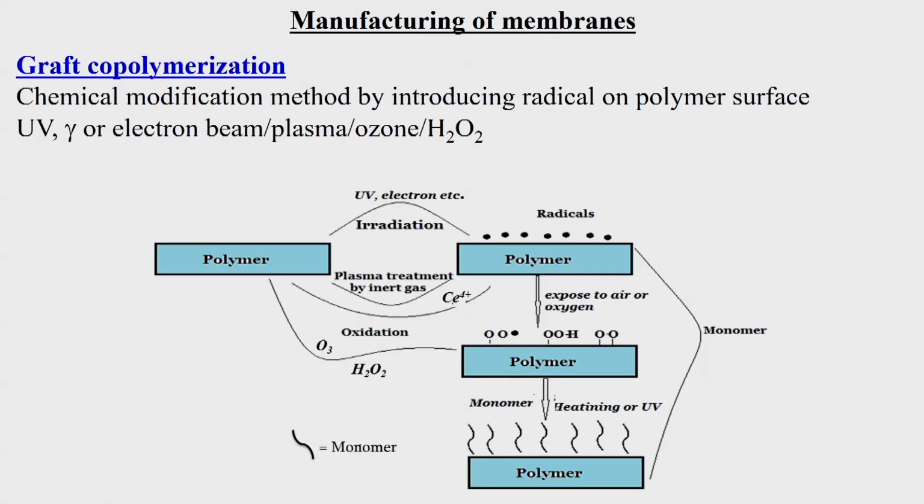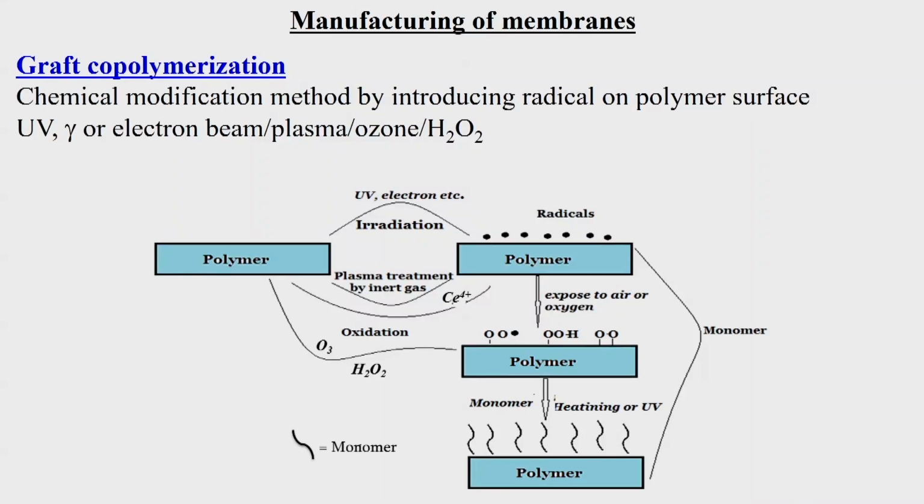Another method of manufacturing polymer membrane is the graft copolymerization process. This is for a specific application of the polymeric membrane, done as a chemical modification method by introducing radicals on the polymer surface, and then UV, gamma or electron beam, plasma, ozone or hydrogen peroxide are used for grafting.